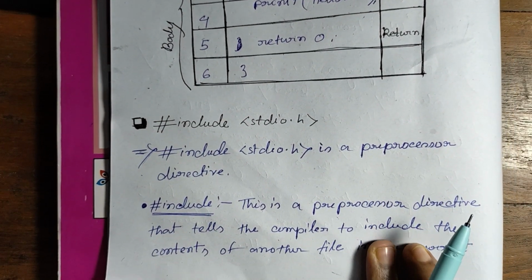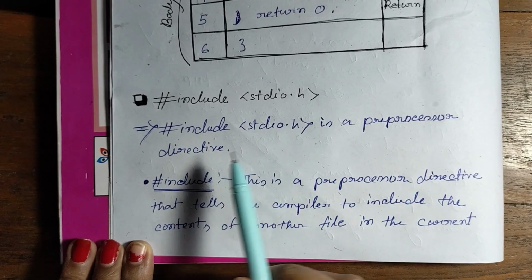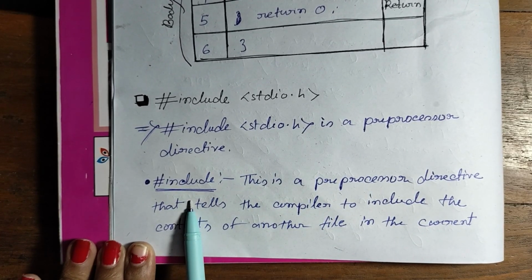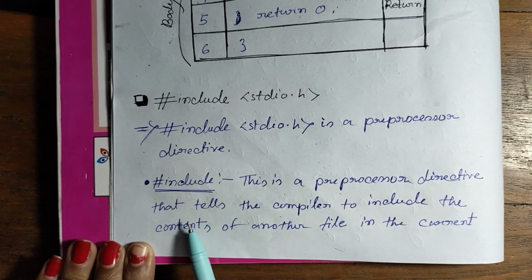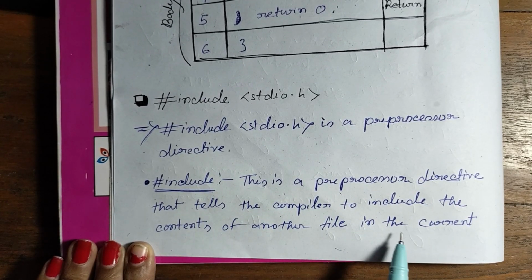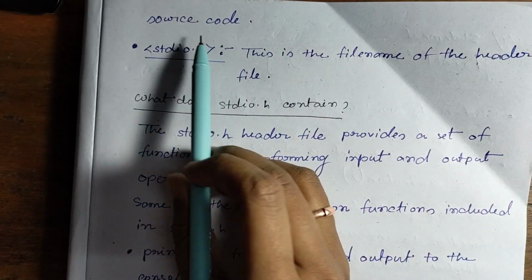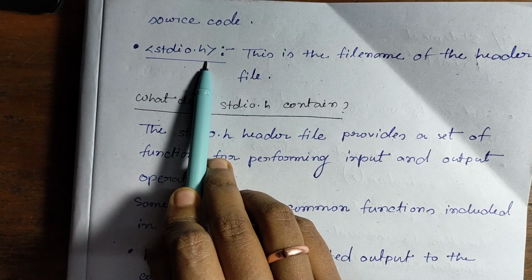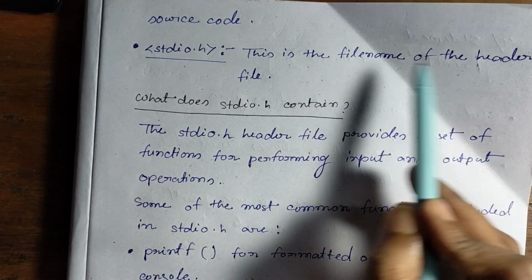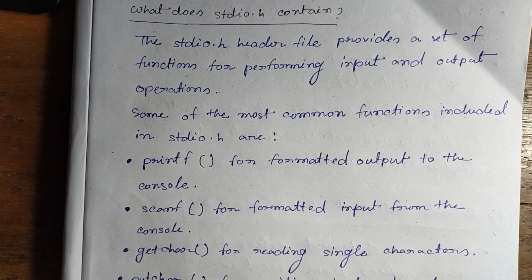Then what is #include <stdio.h>? It is a preprocessor directive that tells the compiler to include the contents of another file in the current source code, and stdio.h is the file name of the header file. What does stdio.h contain?